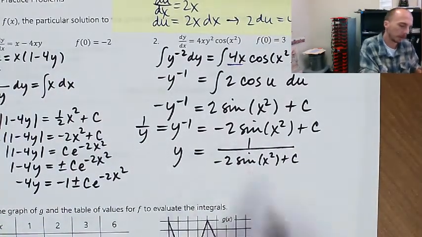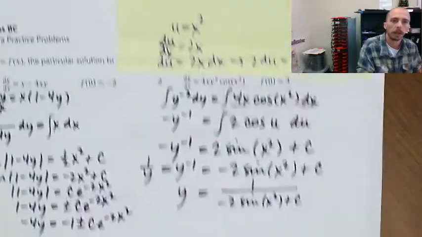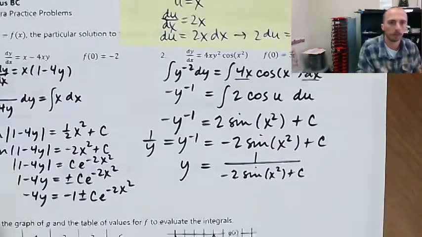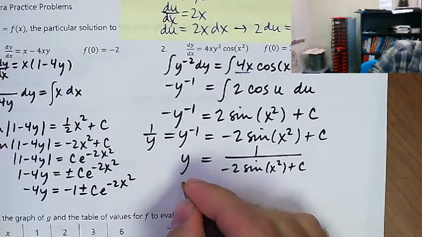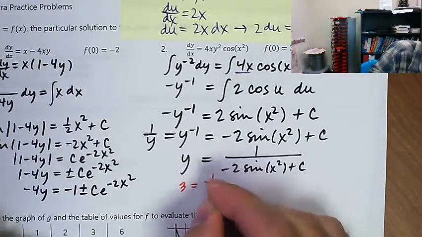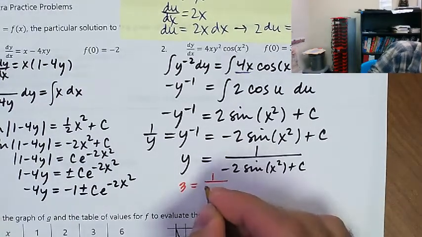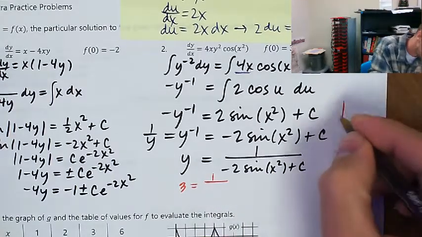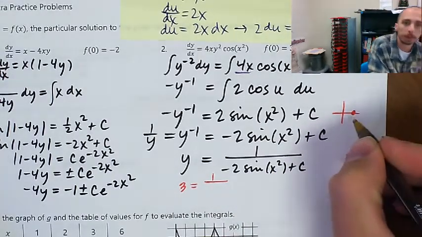Now that I've got an expression for y, I'm going to go in and compute my value of c. When I plug in x equals 0, I get y equals 3. So 3 equals 1 over negative 2 times the sine of 0. Sine of 0 is 0, in case you didn't believe me, right?